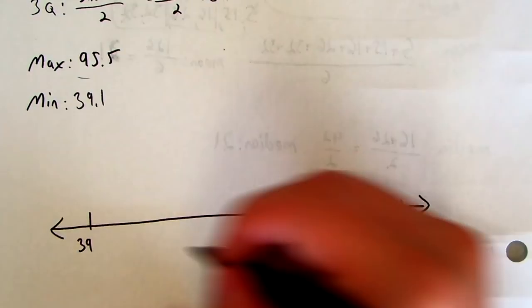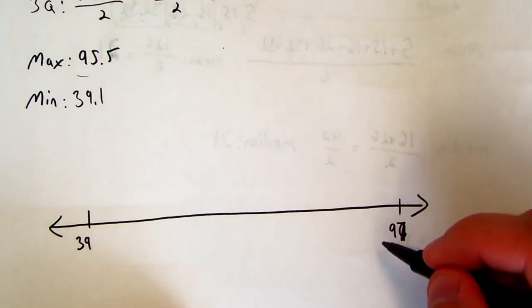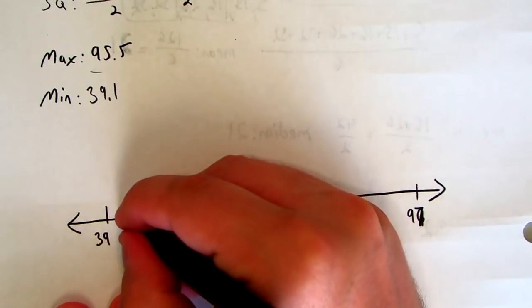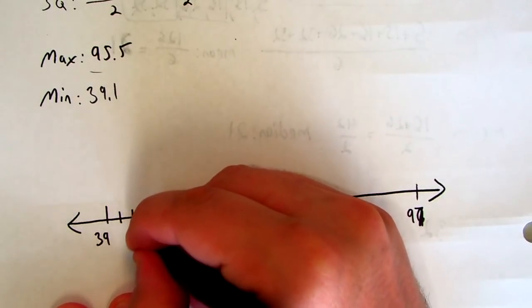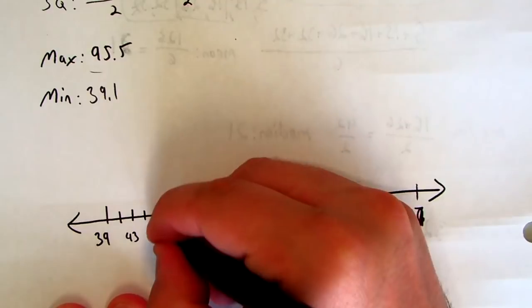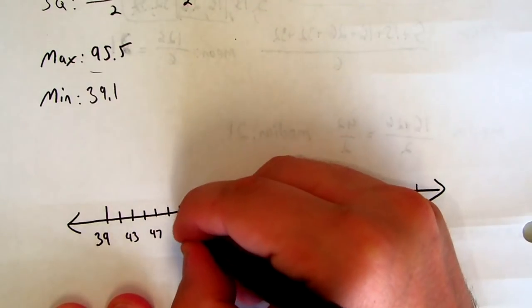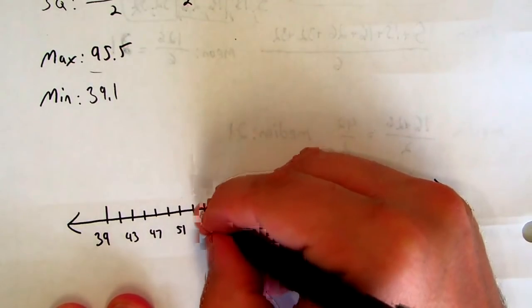Actually, we should probably call it 97 because it looks like we're going to want to go by 2s all the way through. So here's 41, here's 43, 45, 47, 49, 51.